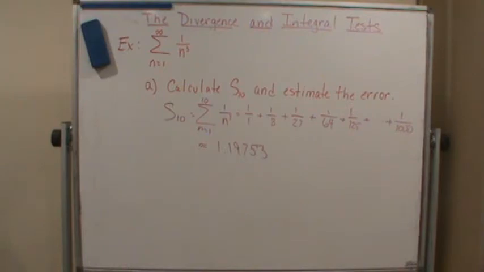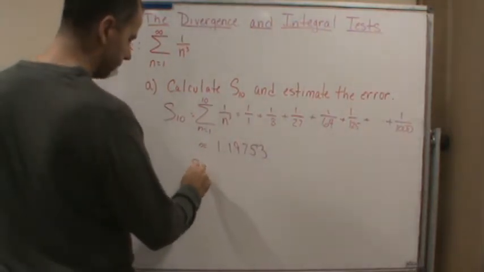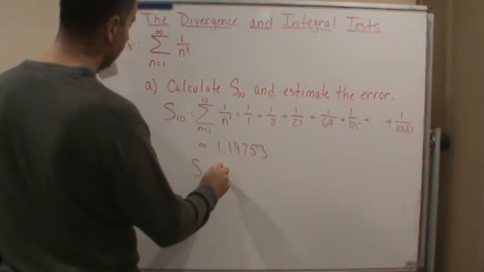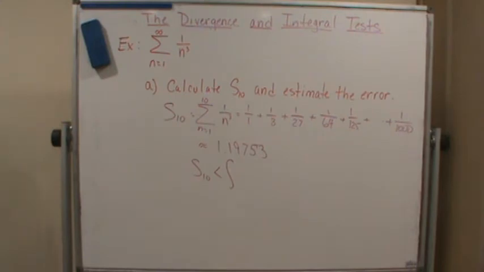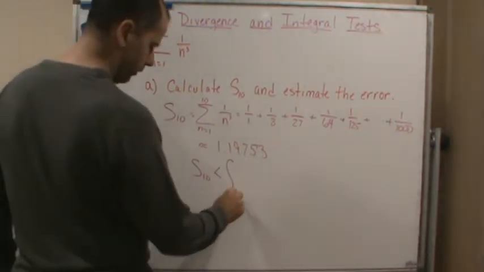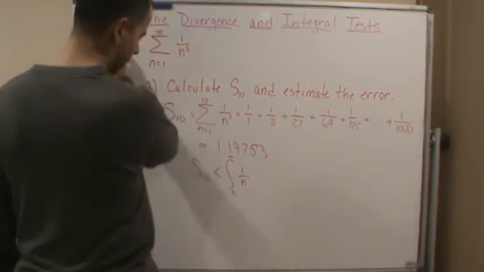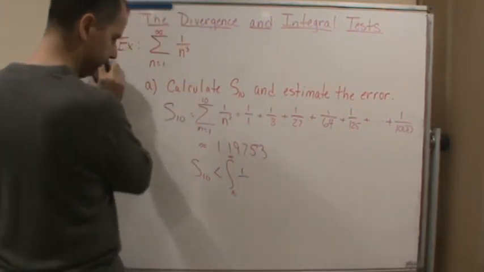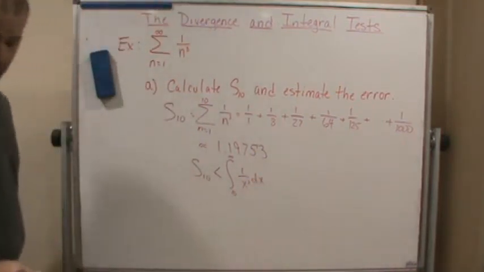Now remember the error, the remainder error, we know that S of 10 is going to be less than the improper integral from 10 to infinity of 1 over x cubed dx.